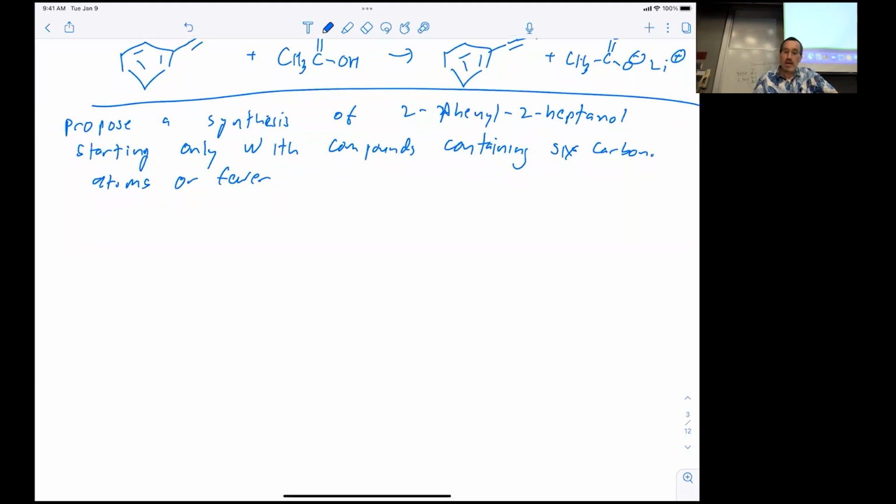So, okay, let's start with our target molecule, 2-phenyl-2-heptanol, and then we'll apply the concept of retrosynthetic analysis to figure out how we can build that. So that's 2-phenyl-2-heptanol, and we'll take a look at how we can build it. The Ph, of course, is just a shorthand for benzene.